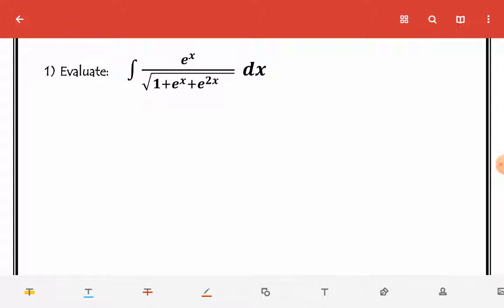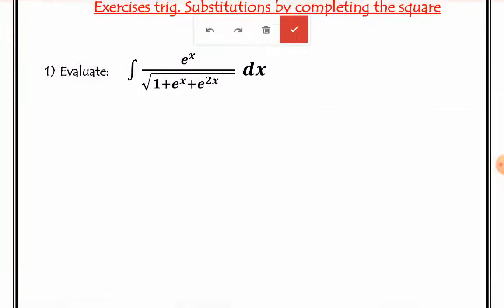So here, what should we do, guys? We should complete the square. But first of all, we will use substitution. Why substitution? You will see now, guys, why. Bismillah.